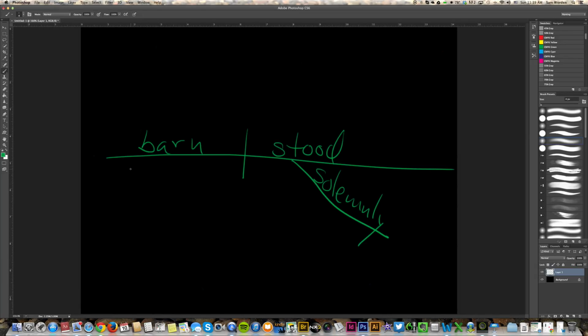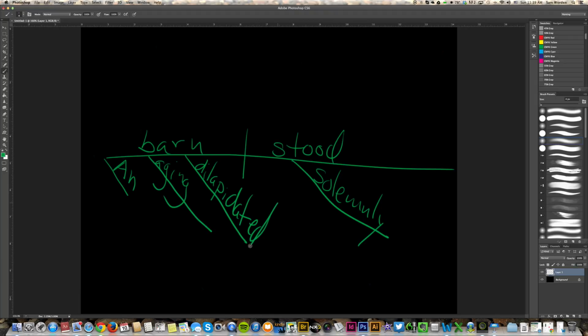Booyah. And here's my indefinite article. Aging, so it's old. And it's dilapidated. Do you guys hear the dog barking upstairs? So it's falling apart. Stood solemnly. But he's okay with it. He's taking it seriously. It's his life.